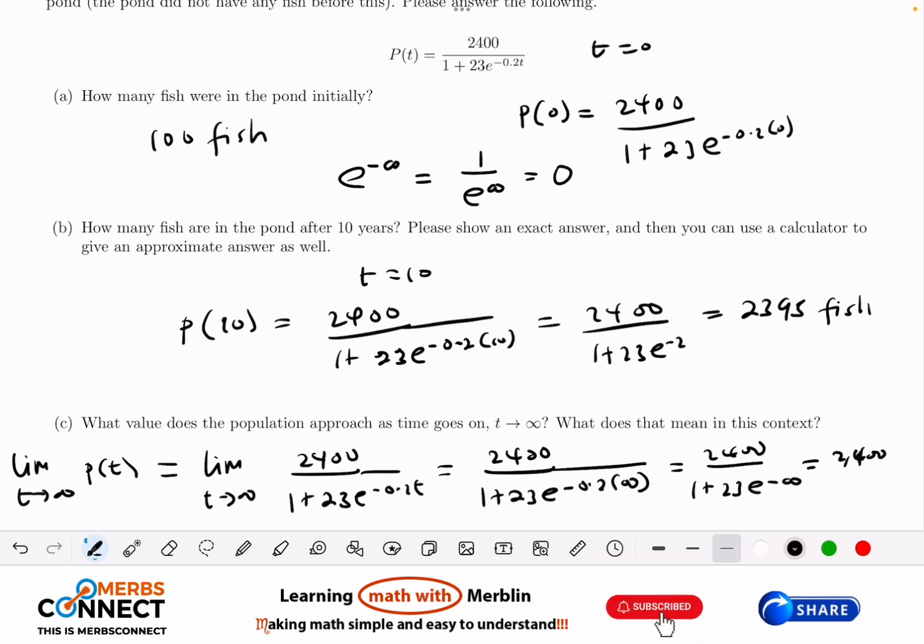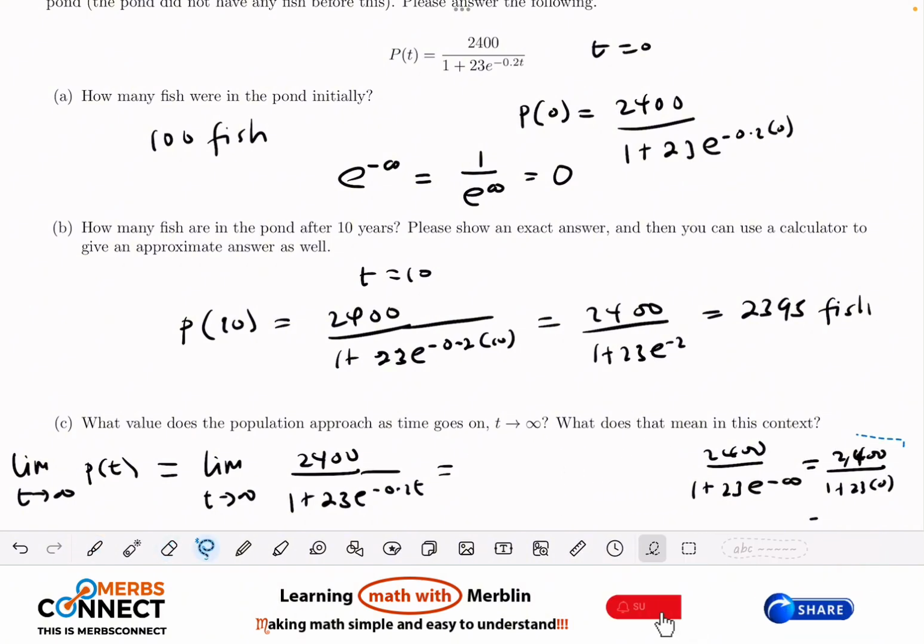So this is going to give us 2,400 divided by 1 plus 23 times 0.